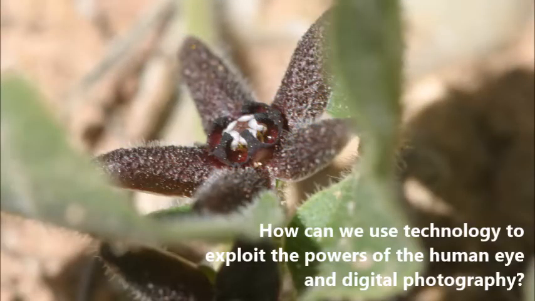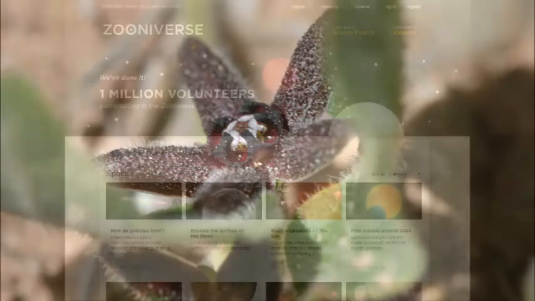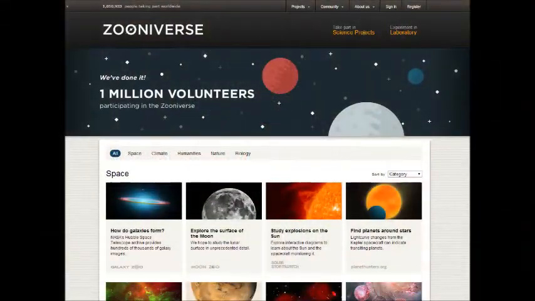What I want to talk about right now is how can we use technology to exploit the powers of the human eye in digital photography? I'm sure you're all aware of these citizen science approaches like Zooniverse, which is a website where people can go and help identify galaxies and identify star formations and so forth, so they can really contribute to science.